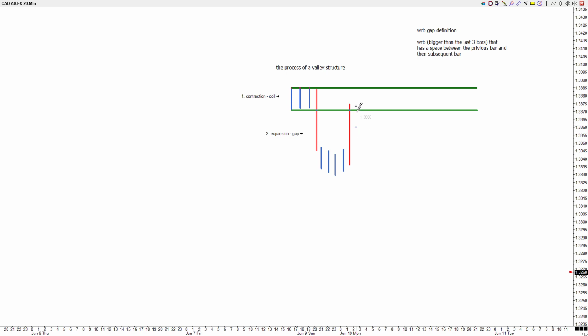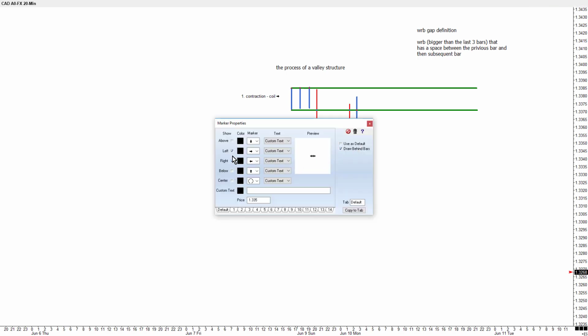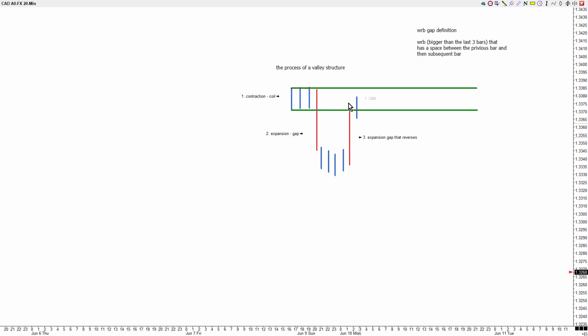And so this would be, and I'm just doing basic steps here, this would be a basic step 3. Expansion, which is a gap that reverses. Okay? And boom, we have a valley. See, it's shaped like a valley, a mountain. You just reverse the whole thing.